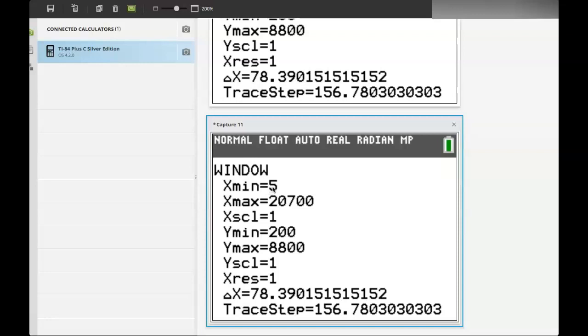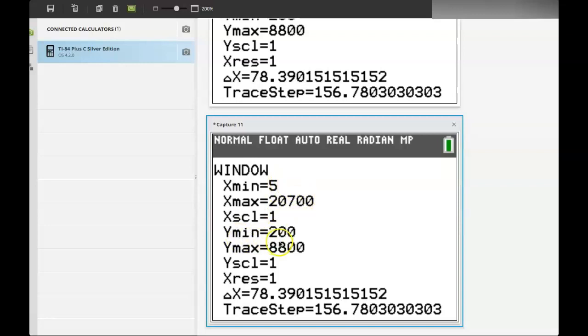So the interval is 5, up to 20,700. So we're gonna have all the points that we have in the first column X in this interval. So we're choosing this min and max based on the points that we have in each column.